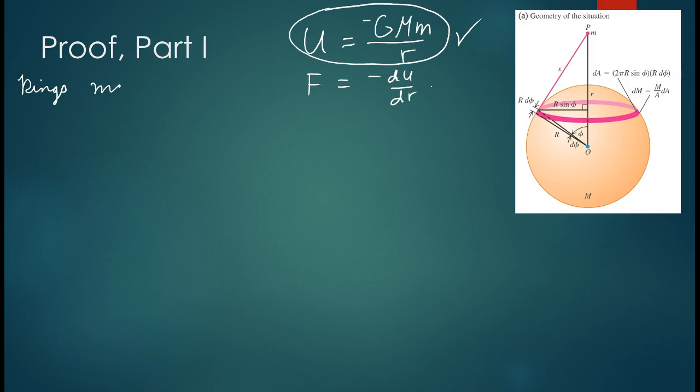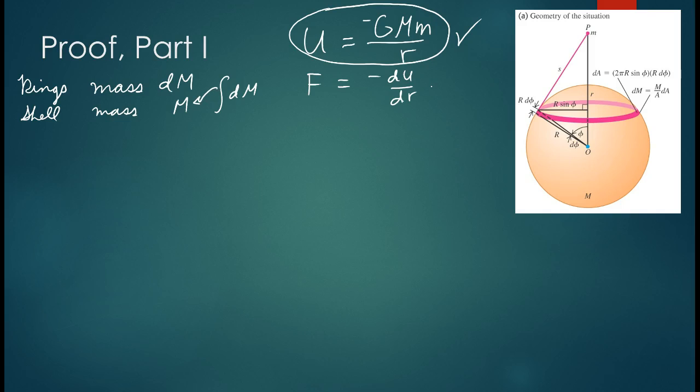So the ring has a mass of dm. One thing that we can say is that the total mass of the shell will be M. So if we can integrate dm, that will give us big M.